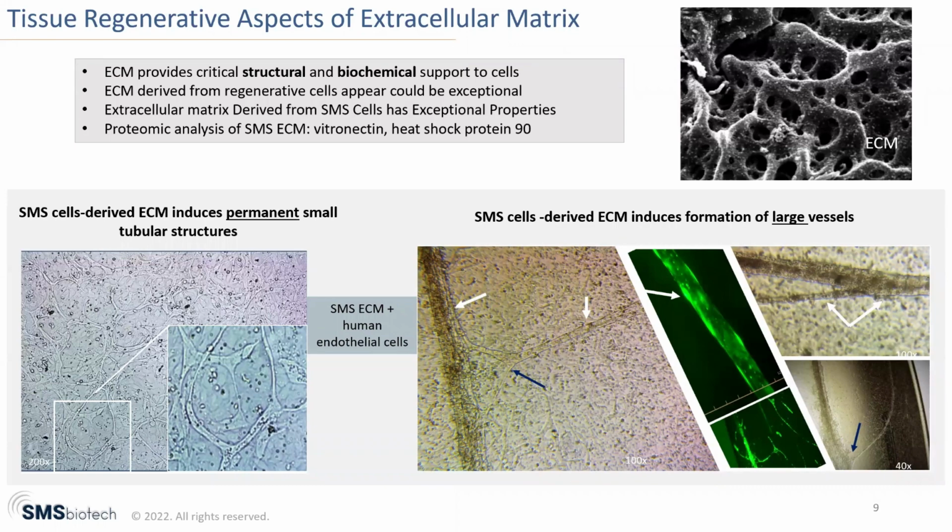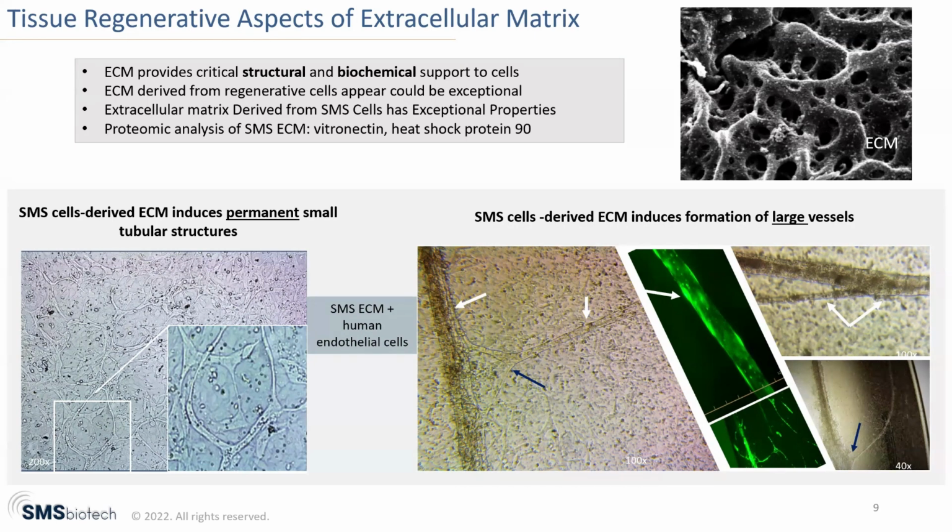One important aspect of these cells is their ability to produce extracellular matrices, to secrete these proteins that are critical for structural and biochemical support of other cells that make up a tissue.